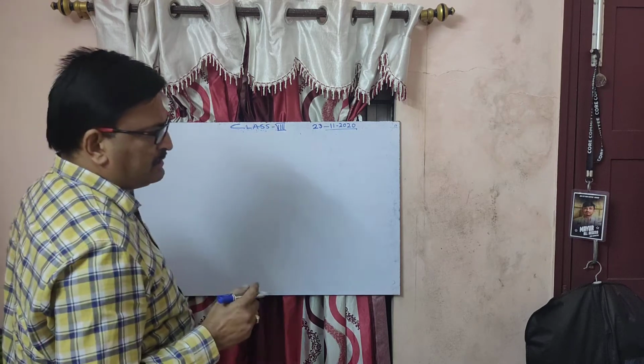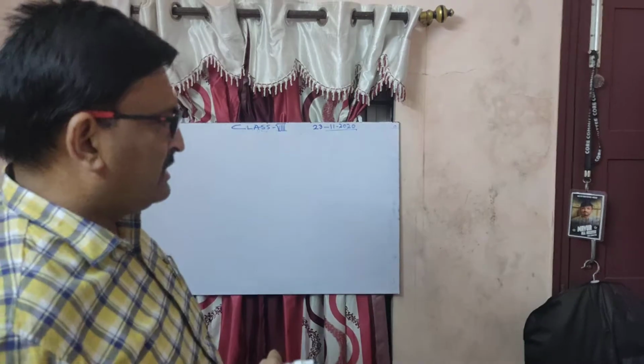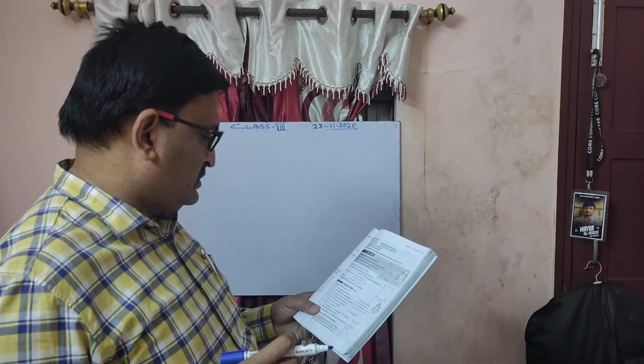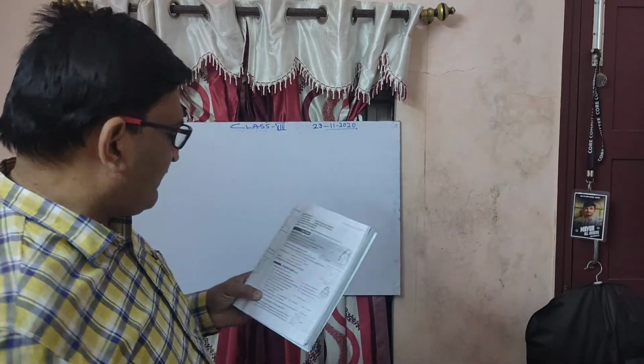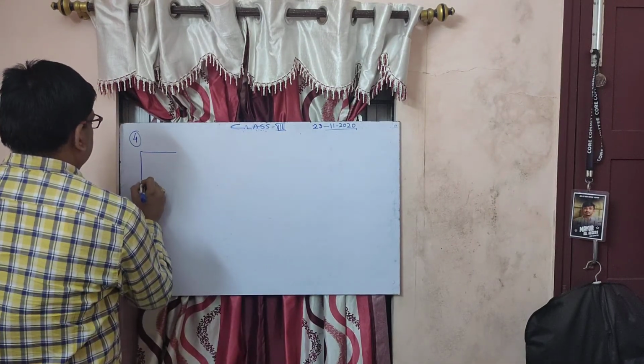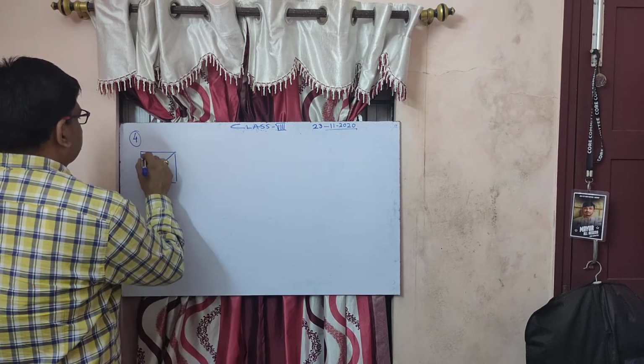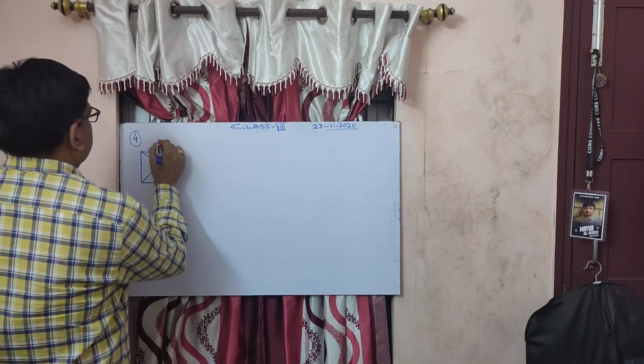Now, you have seen all the quadrilaterals. Now you have to tell us, name the quadrilaterals whose diagonals bisect each other. You know the first figure, that is a square. In a square, diagonals bisect each other. The first one is a square.